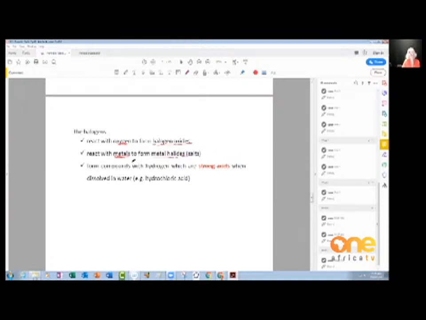For example, if they react with sodium, which is a group 1 element, we would get sodium halide in general, with a ratio of 1 to 1. If this X, the halogen, is chlorine, which is very common, the compound would become sodium chloride, the famous table salt.